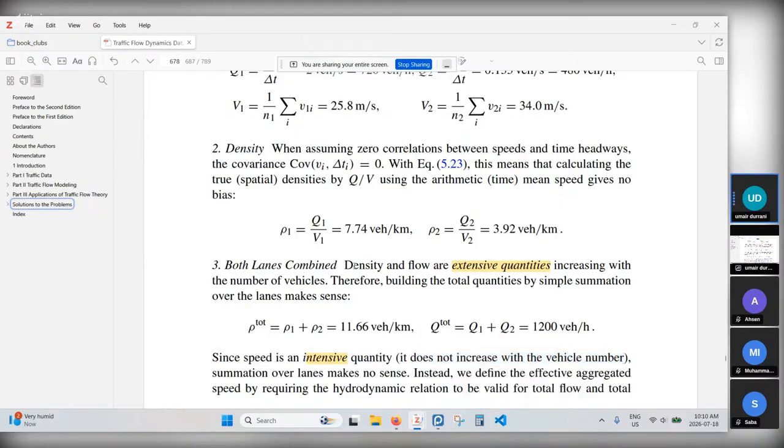So flow and density are both extensive quantities. We can just simply take Q1 and Q2 from both lanes, add them, and that will give us the total flow. Similarly, we can do the same thing for the density, and that will give us a total density of 11.66 vehicles per kilometer. But for the intensive quantity speed, which does not increase with the vehicle number, we won't naively just take all the vehicle speeds and then take an average.